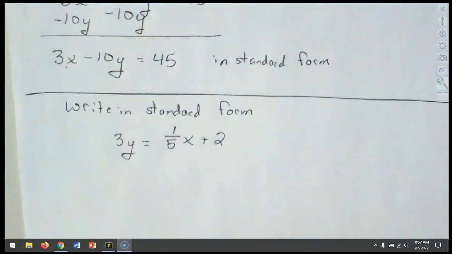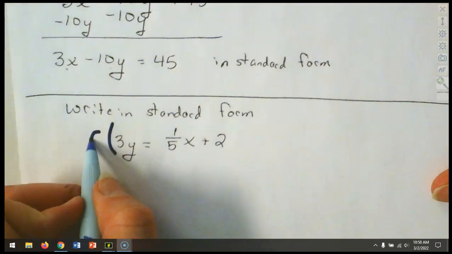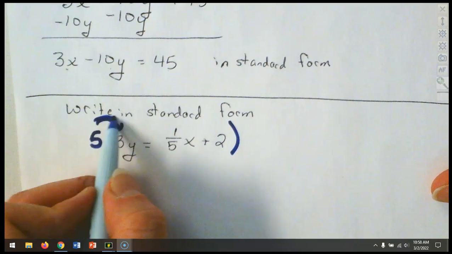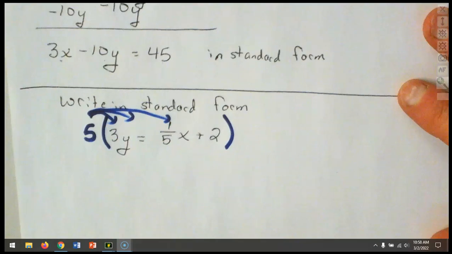Okay, let's go ahead and get this one in standard form. Well, standard form, again, we cannot have fractions. So first things first, we'll clear out the fractions by, again, multiplying it all by 5. I should have chosen a different fraction, but that's okay. We used 5 before, we use 5 again. So multiply everything by the 5 there.